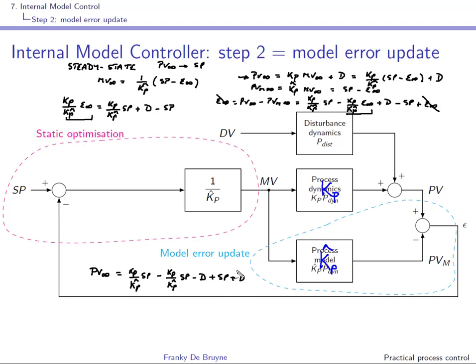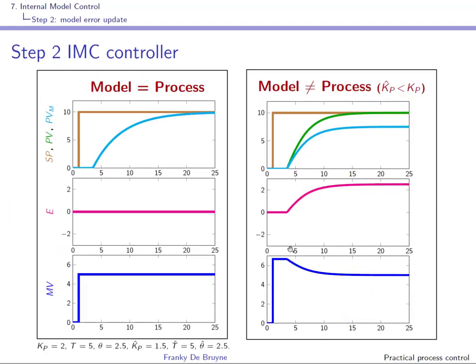So you can see here that this one and this one will cancel out, this one and this one will cancel out, and we see indeed that the PV in steady state is equal to the set point.